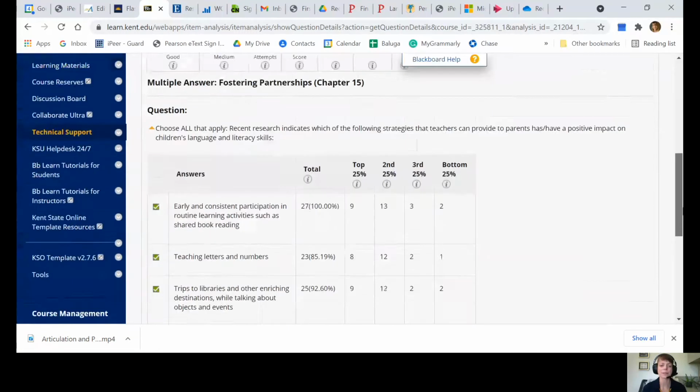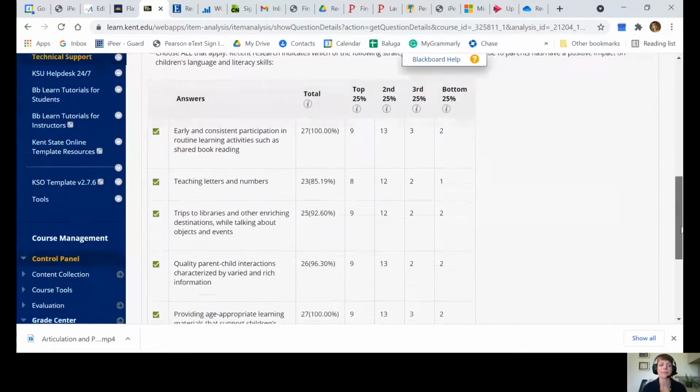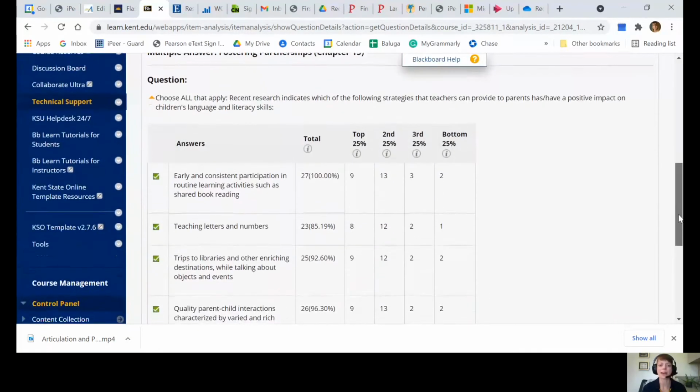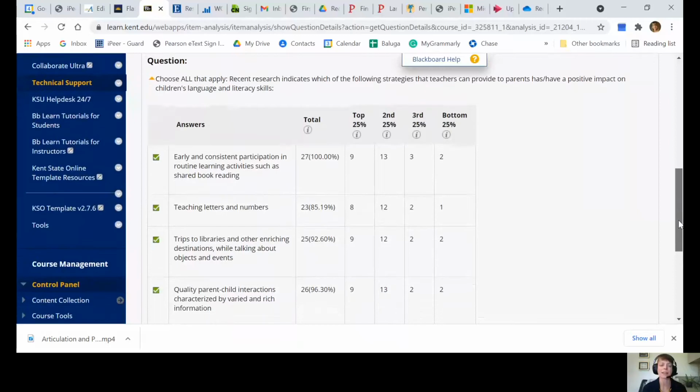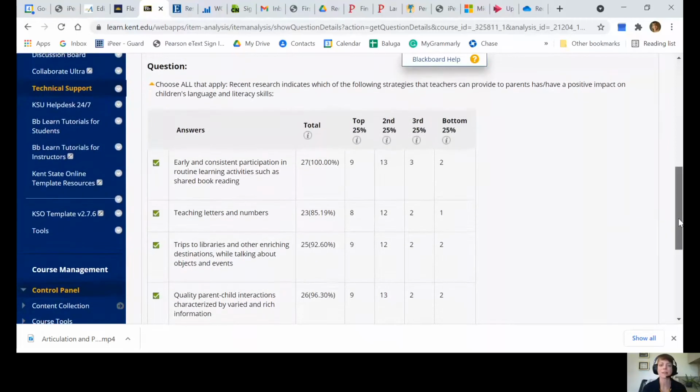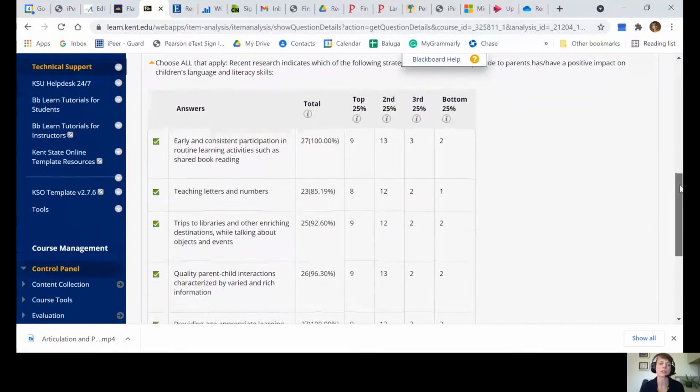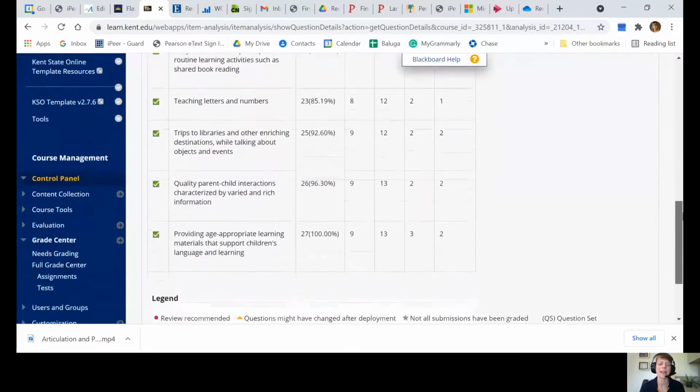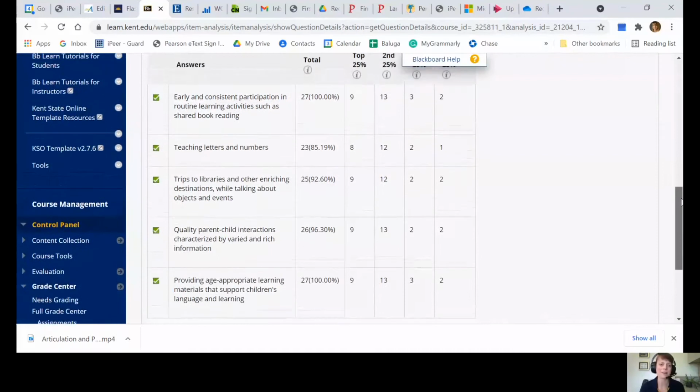So this one was a choose all that apply. So you had to choose everything that applied to this question. I have a few of these in this quiz. Recent research indicates which of the following strategies that teachers can provide to parents have a positive impact on children's language and literacy skills. And guess what? All of them are effective.